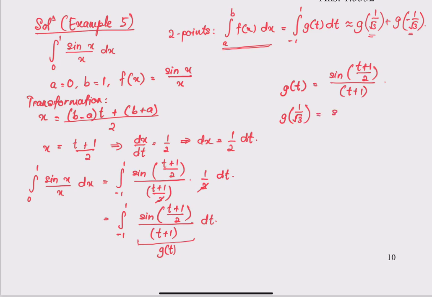So the next step is you just substitute the value of t is equal to 1/√3. So here we have sine of (1/√3 plus 1) divided by 2, over (1/√3 plus 1).